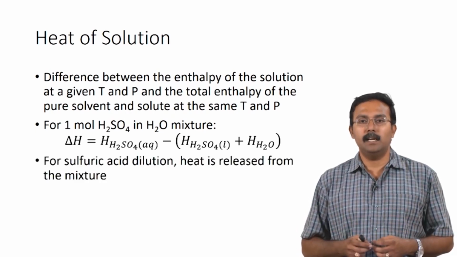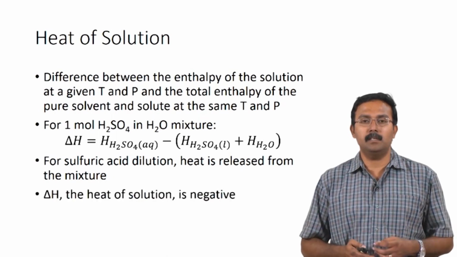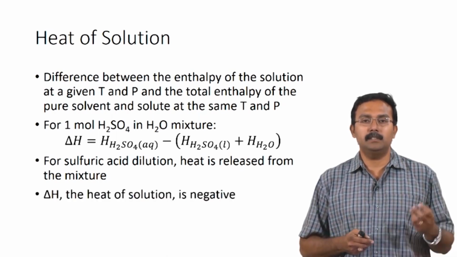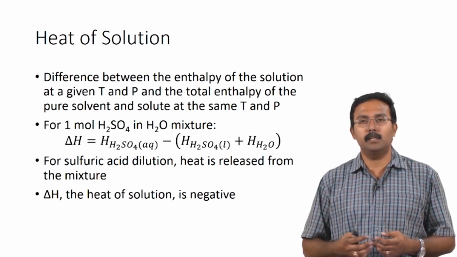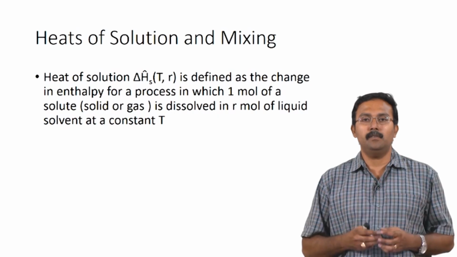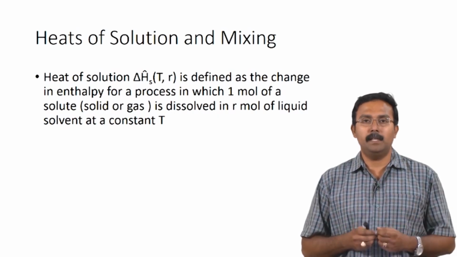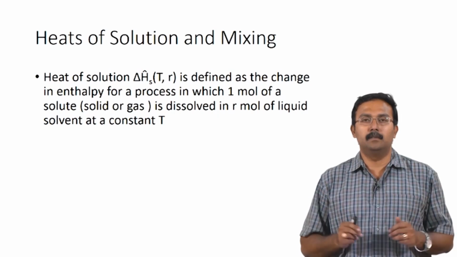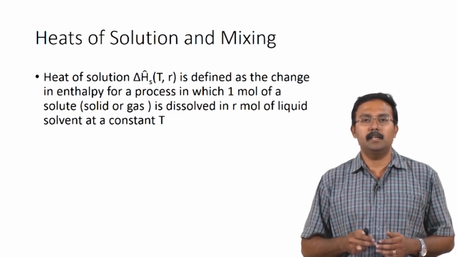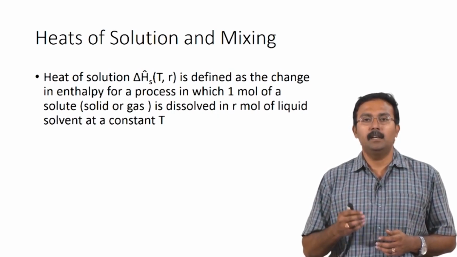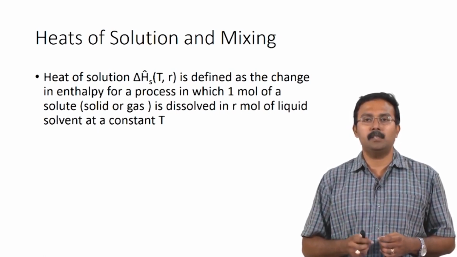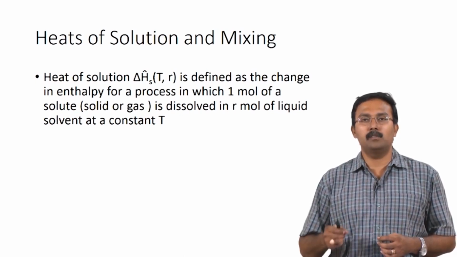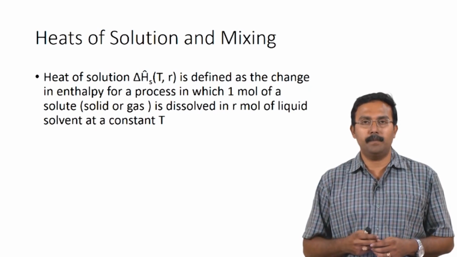For sulfuric acid dilution, heat is released from the mixture, and because of this the delta H, which is the heat of solution, is negative. Now, heat of solution also has another parameter which is the R term. Delta Hs cap (T, R) is defined as the change in enthalpy for a process in which 1 mole of a solute is dissolved in R moles of a liquid solvent at constant temperature.